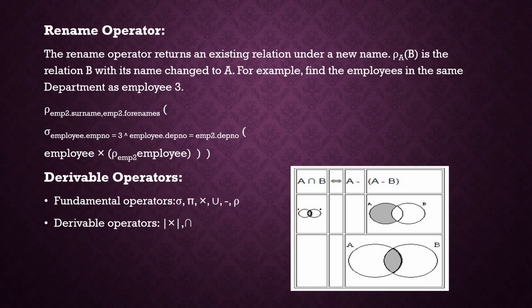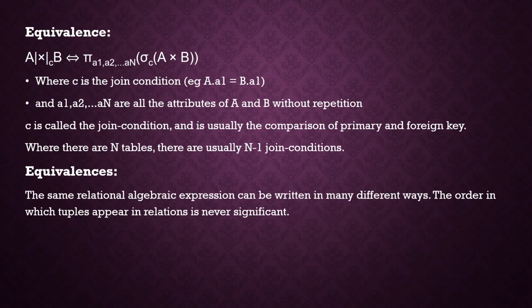Union combines all the elements of two relations or two tables without repeated or duplicate items. A minus B means it will display all the elements of A but not in B, so that is difference or minus. And rho is to rename the given relation. And derivable operators are join and intersection operators. We will see them on the next slide.